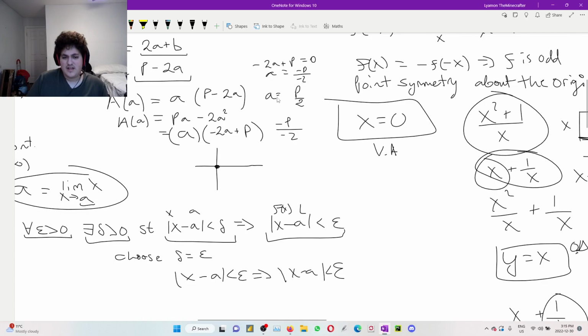So if you have a equals p over 2, that's going to be, let's say, here. And we know that the maximum will happen right in the middle because it's just a quadratic equation. So that's going to be p over 4.